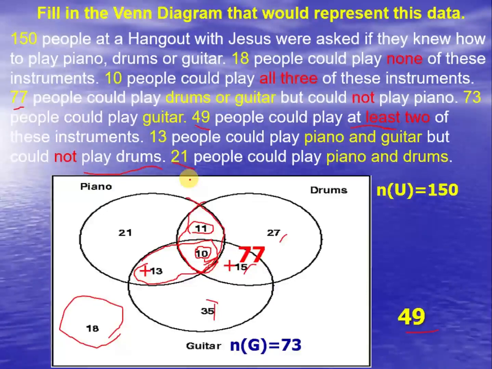They are not in any of these. Or you can say P, that's P for piano, D for drums, G for guitar, P union D union G, all complement. So those that are not inside this are the 18 people.